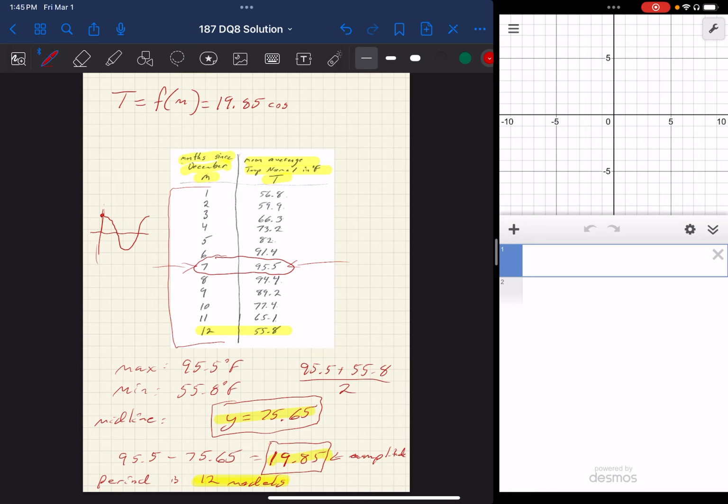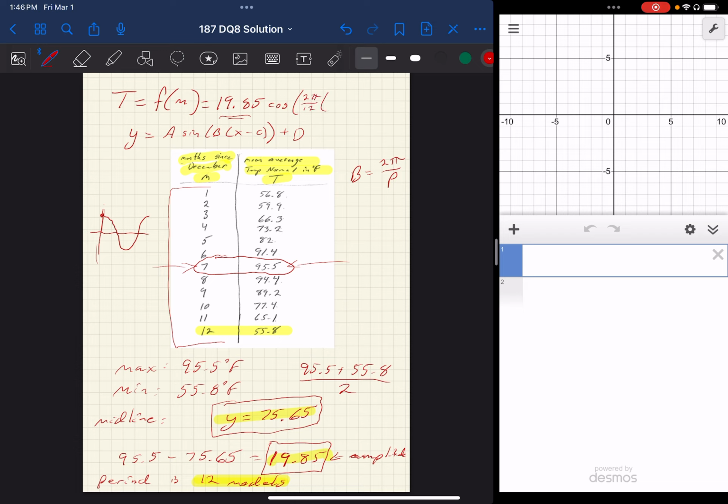And so I start off by, okay, the amplitude is this, let's just write this, y equals A sine B x minus C plus D, right? The amplitude is the A. So 19.85 cosine. And what is my B? I know that B is equal to 2 pi over the period. And so cosine of 2 pi over 12.